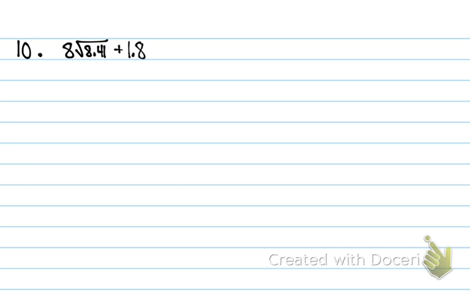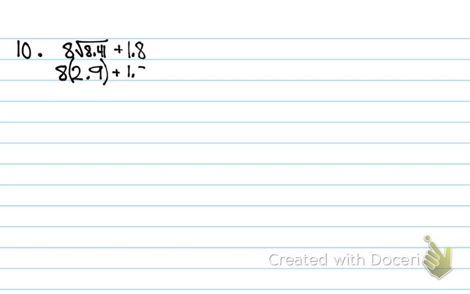Okay, just be confident in your answer. Is 2.9 how I'm supposed to write it? No. What operation is between the 8 and the square root? Multiplication. So the parentheses make all the difference there.